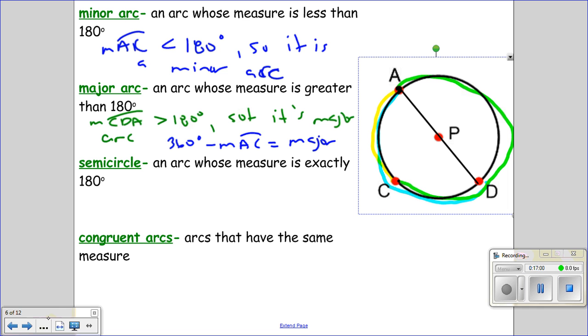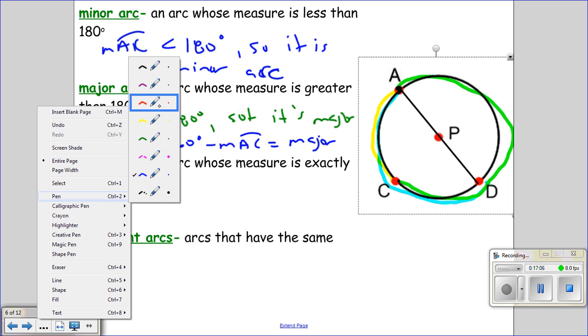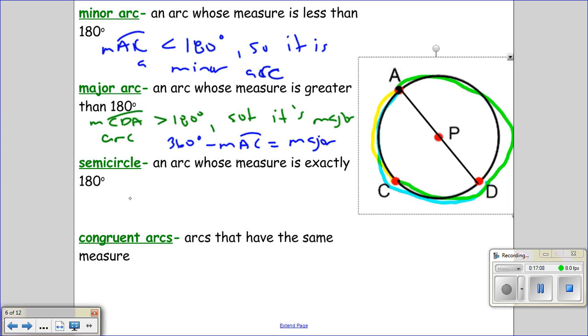The diameter cuts the circle in half anyway. So again, the name of the semicircle would be arc ACD, because it's formed by the diameter. If it's formed by the diameter, it's always a semicircle, so the measurement is equal to 180 degrees.